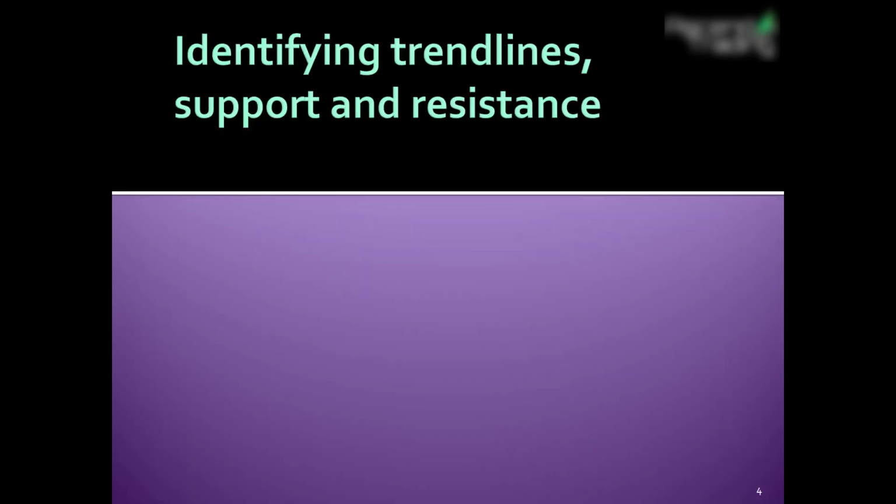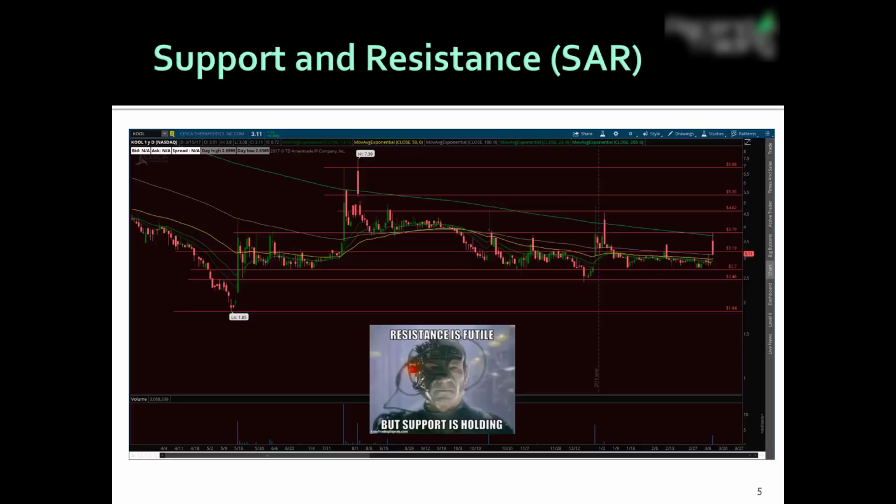Next up is trend lines and support and resistance, otherwise known as SAR. There are multiple ways to determine SARs, such as moving averages, cloud, Fibonacci, but the easiest way for me, at least, is looking at the historical price action.